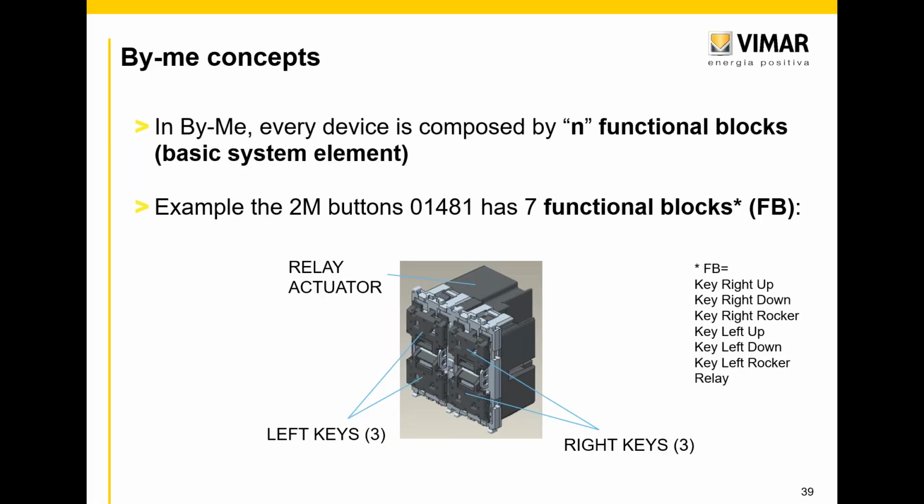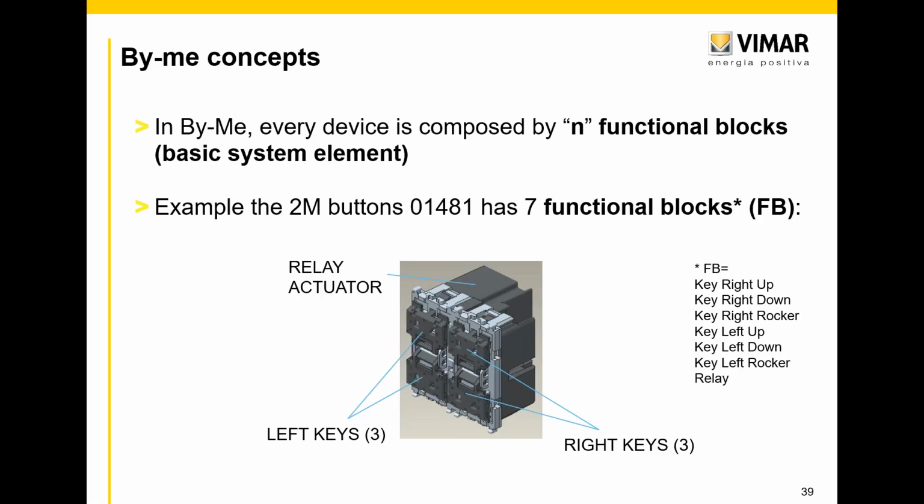But this one device is composed of 7 functional blocks. This is just an example, because you have the functional block of every button, so 4 single buttons, the functional block of the rocker, so the left and the right, up and down, and the functional block of the relay.